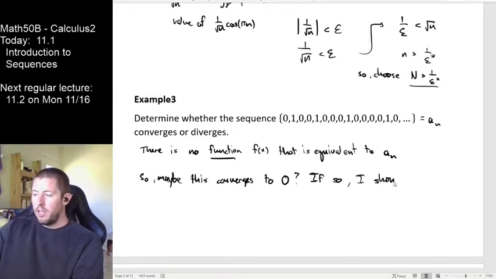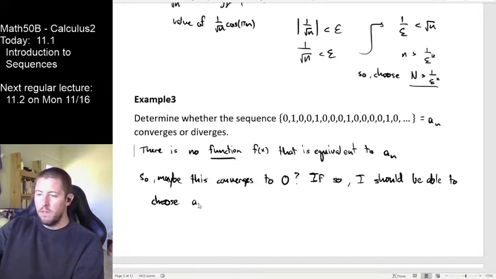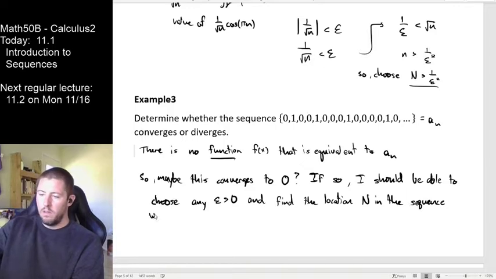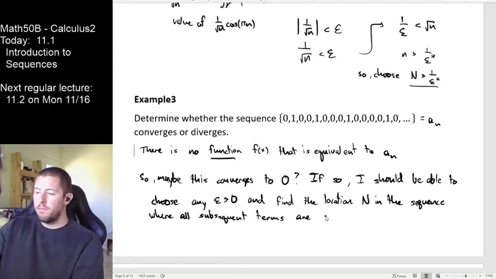If so, I should be able to choose any epsilon greater than zero, and find the location in the sequence where all subsequent terms are within epsilon of zero.